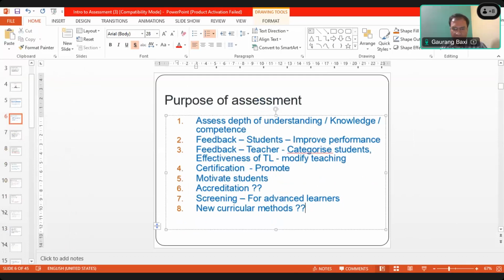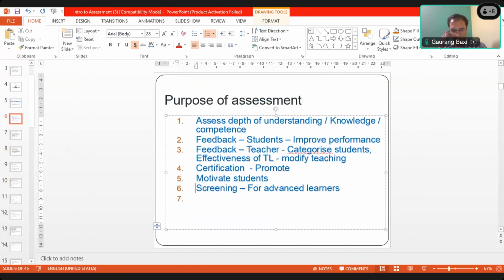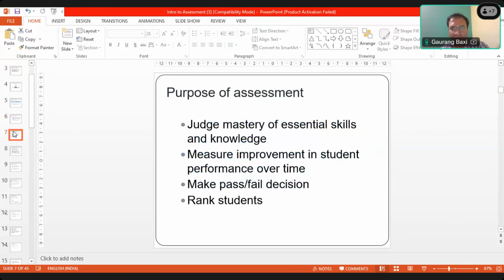What else? Any other purposes of an exam? Okay, so let's see whether all points are covered or not. To judge the mastery of essential skills and knowledge, to measure improvement in students' performance over a period of time, to make pass and fail decisions, to rank students, yes, that's a very important purpose.